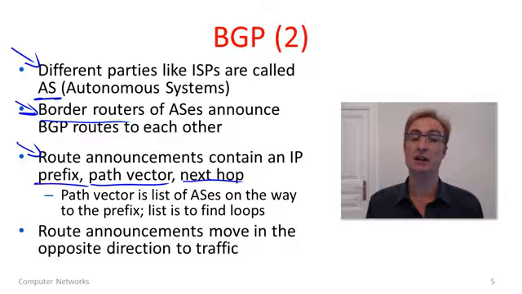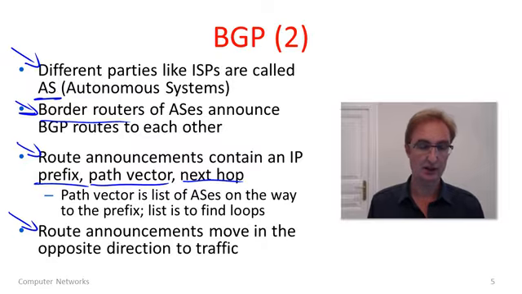One reason this is done is that the designers were very worried about loops between multiple ISPs. Just imagine that packet zapping around across multiple ISPs. That would be pretty nasty. And so the idea is that if you list the whole path, you'll be able to recognize directly if there's a loop, if you've already gone through a particular ISP, and you'll be able to not use that route.